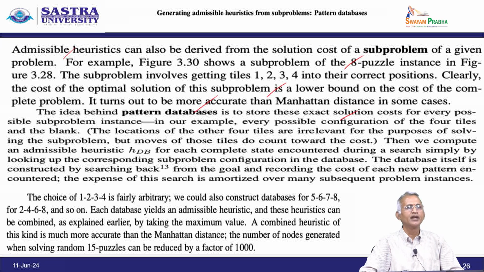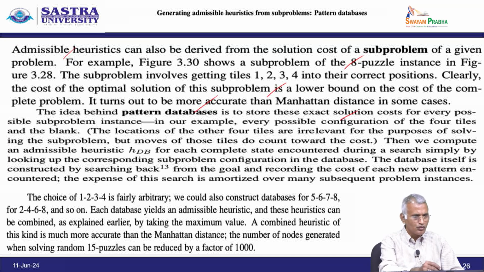Then we compute an admissible heuristic h_DB for each complete state encountered during a search simply by looking up the corresponding subproblem configuration in the database. The database itself is constructed by searching back from the goal and recording the cost of each new pattern encountered. The expense of this search is amortized over many subsequent problem instances.